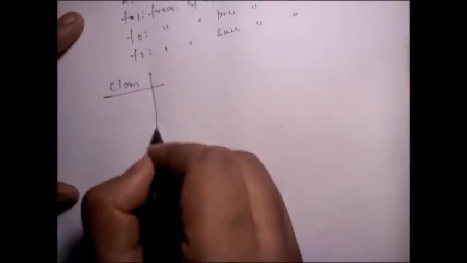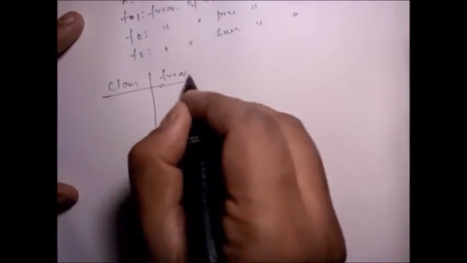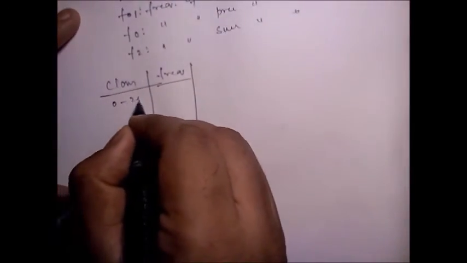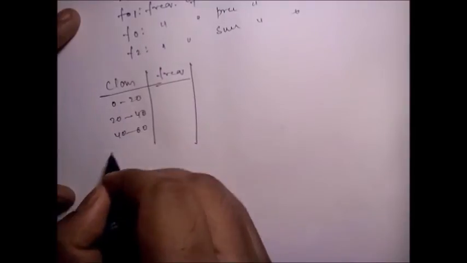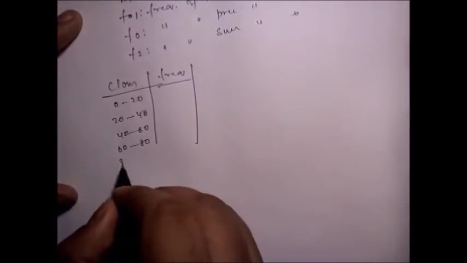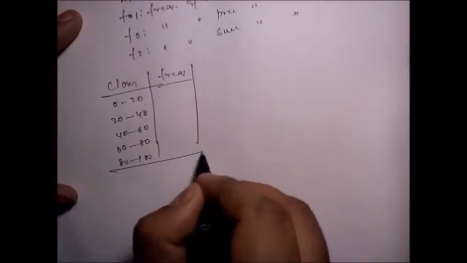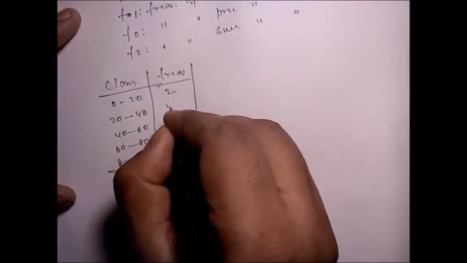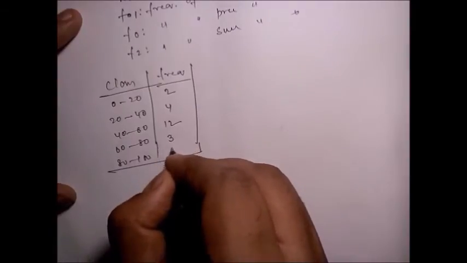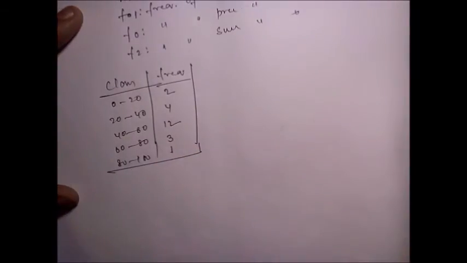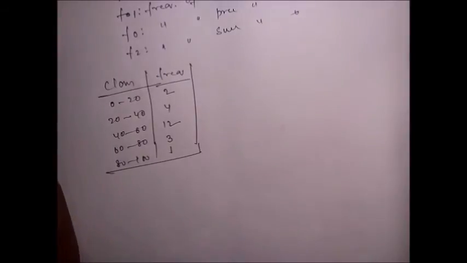Suppose we have class and frequency: 0 to 20, 20 to 40, 40 to 60, 60 to 80, 80 to 100. The frequencies are 2, 4, 12, 3, 1. First of all we have to calculate the modal class.